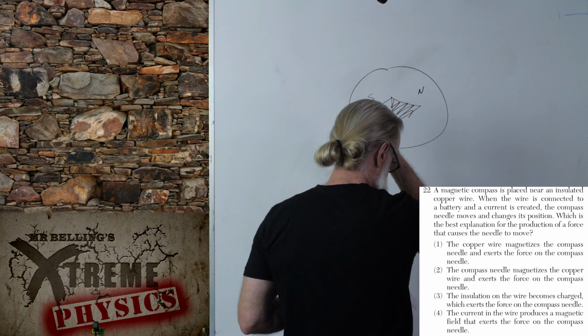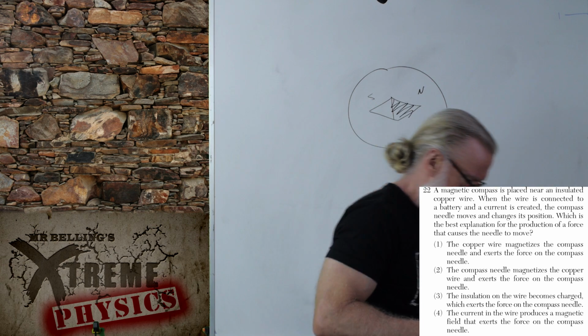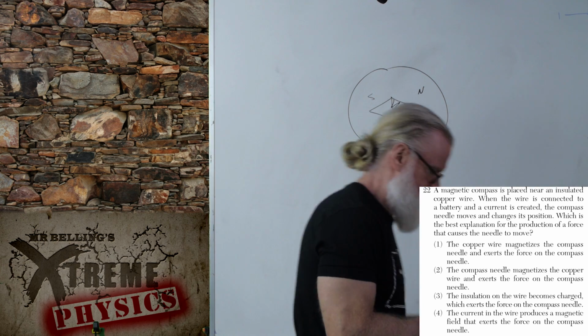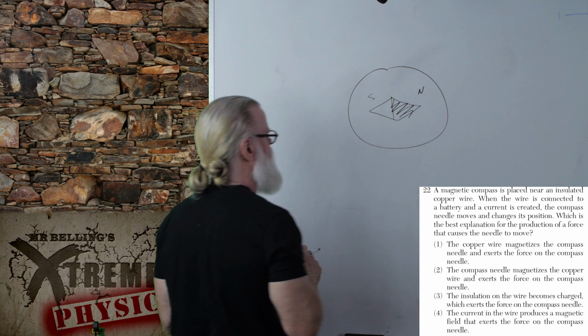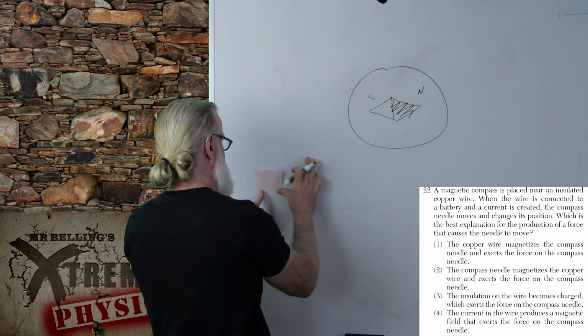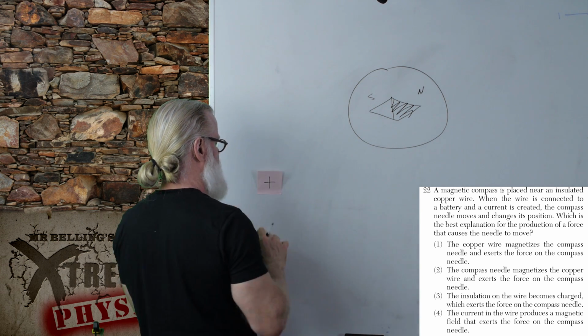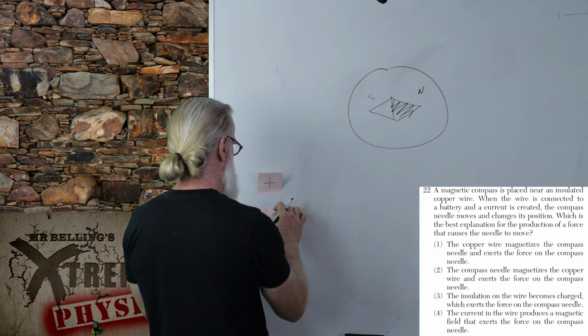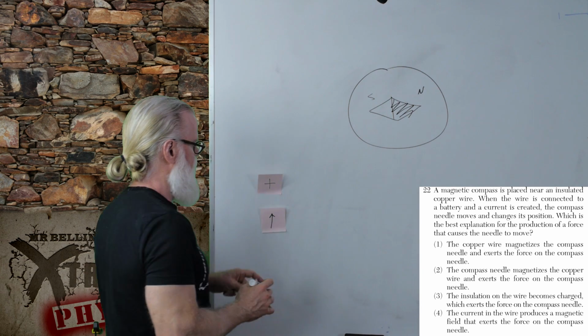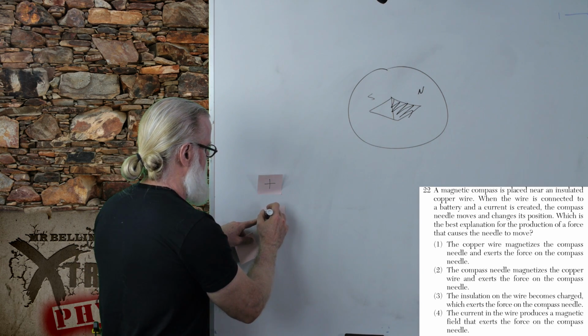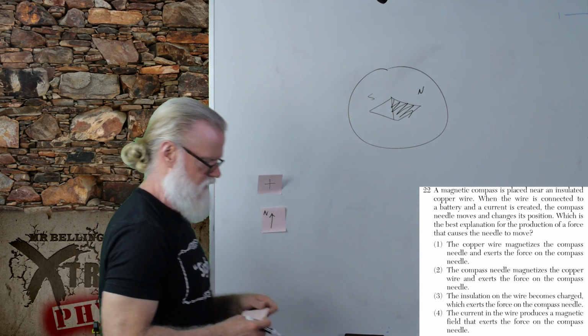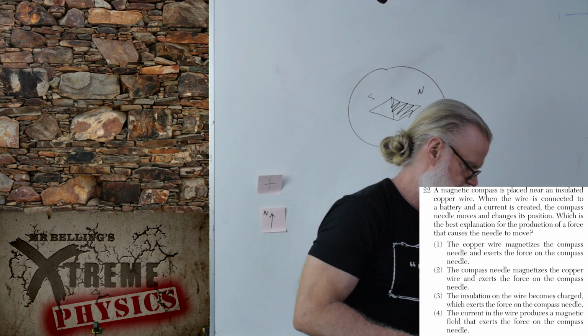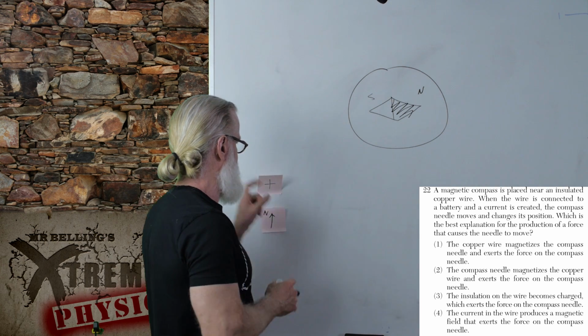When you're doing these magnetic problems, just like when you're doing electric field problems where I recommend that you make a positive test charge, with magnetic problems, if you're dealing with magnetic fields, I would think about a compass needle. So there's my compass needle.